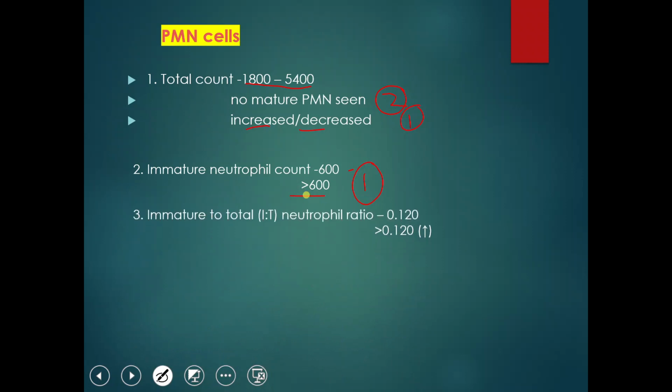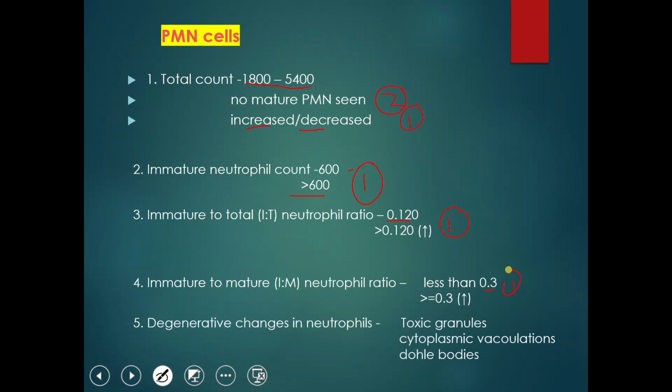Then coming to the IT ratio, that is immature to total neutrophil ratio, its normal value is 0.120. If it is increased, it is given a score of 1. Then the next parameter seen is immature to mature neutrophil ratio. It is normally less than 0.3, and if it is increased or equal to 0.3, it is given a score of 1. Next is degenerative changes in neutrophils.